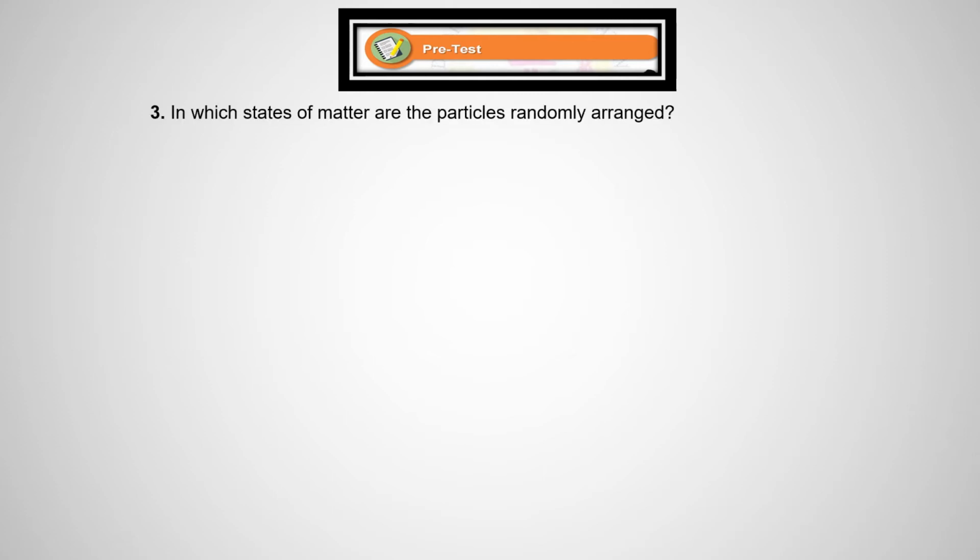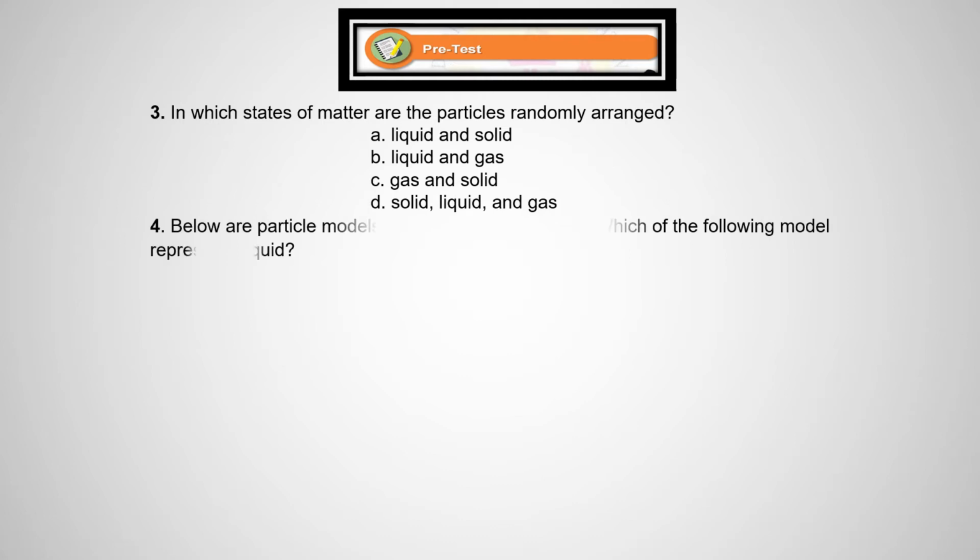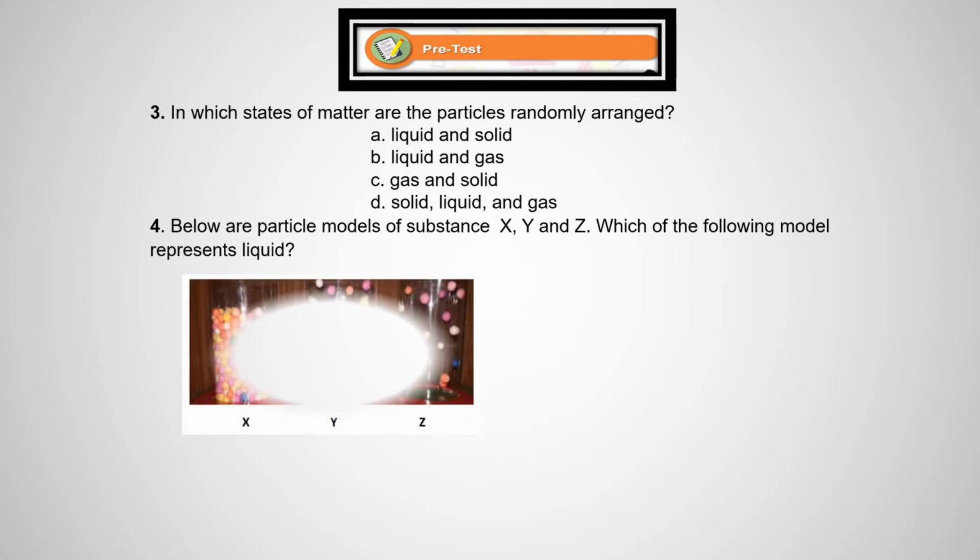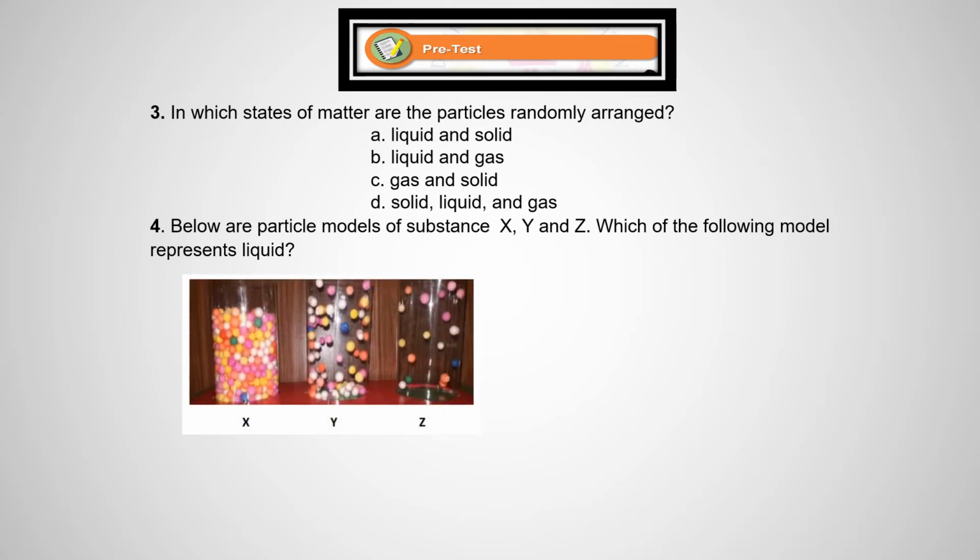Number 3. In which states of matter are the particles randomly arranged? A. Liquid and solid, B. Liquid and gas, C. Gas and solid, D. Solid, liquid, and gas. Number 4. Below are particle models of substances X, Y, and Z. Which of the following models represents liquid?